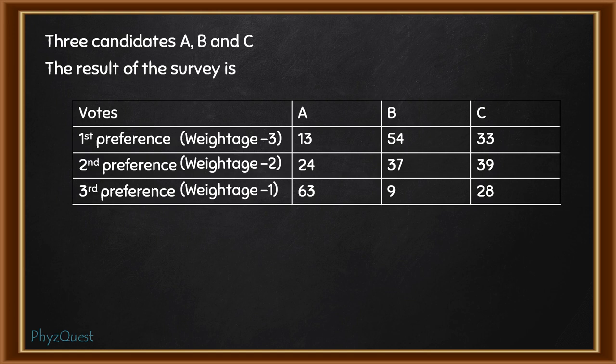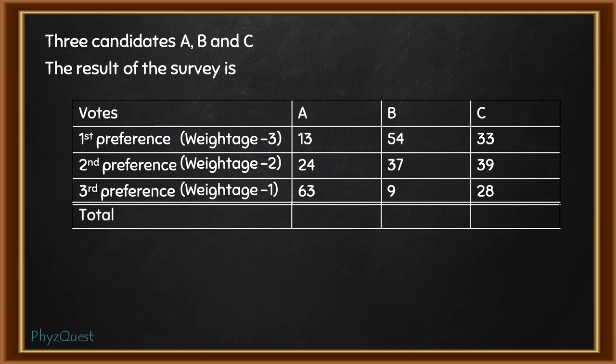So let's do that. We have to make a total by multiplying the different weightages. So first, candidate A. Now candidate A has got 13 votes as a first preference. Now first preference has weightage 3, so it will be multiplied with 3. Similarly, second preference, here candidate A has got 24 votes.